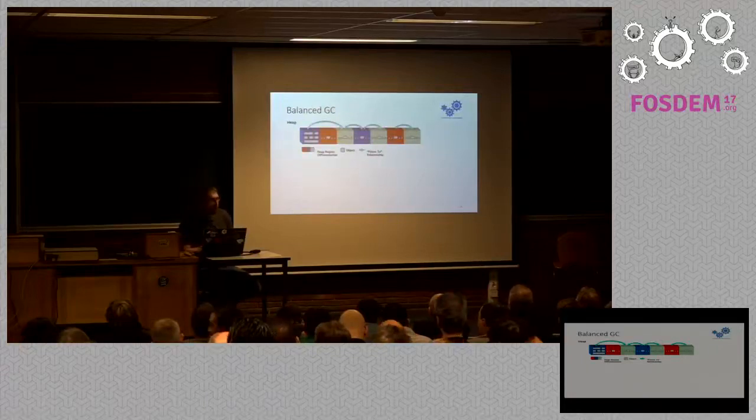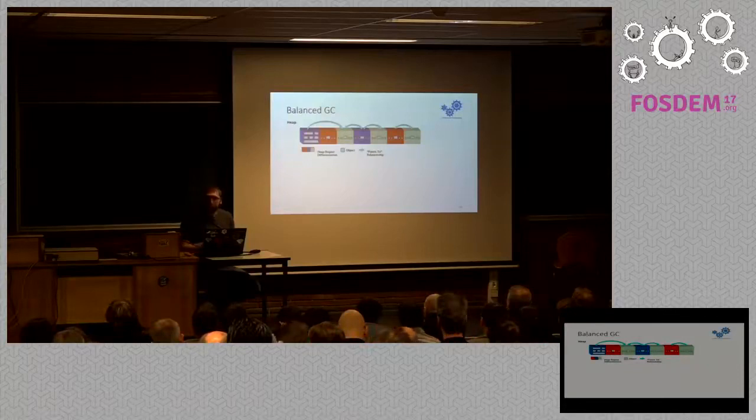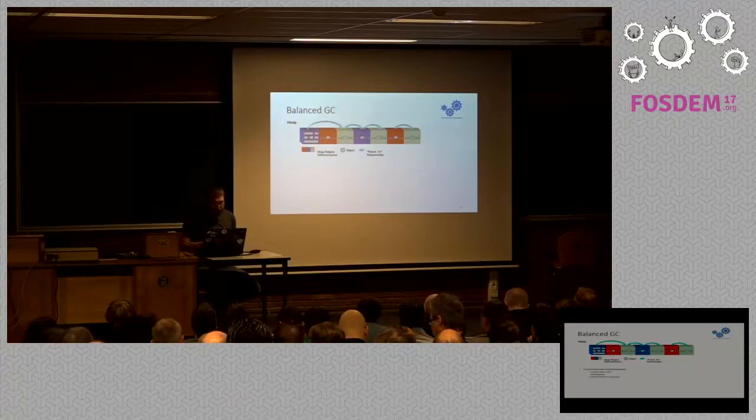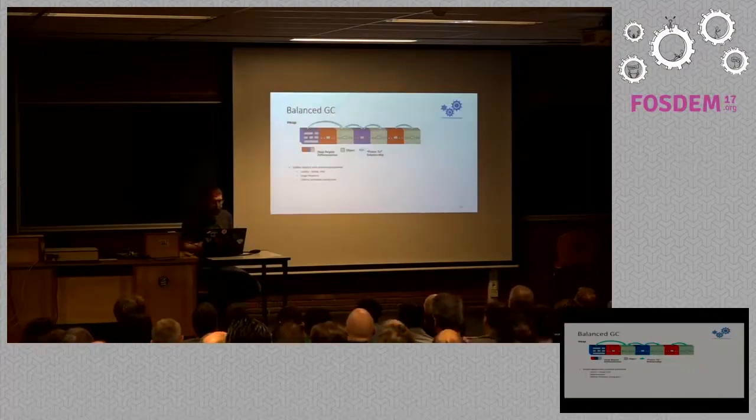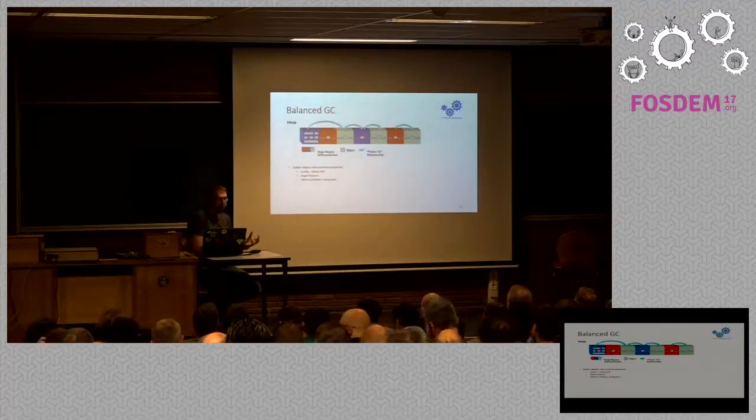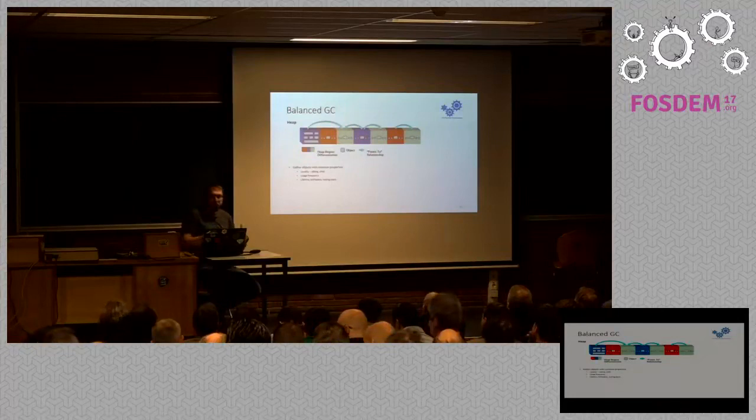Quickly, just a bit more detail about balanced. And this will be useful to people too, because it's somewhat similar to G1. So the heap in balanced is divided into a bunch of regions. These regions can allow you to do a bunch of different things. They can allow you to gather objects with common properties into particular regions.